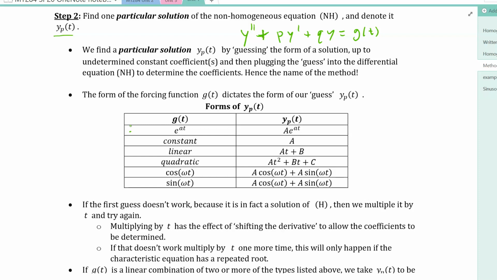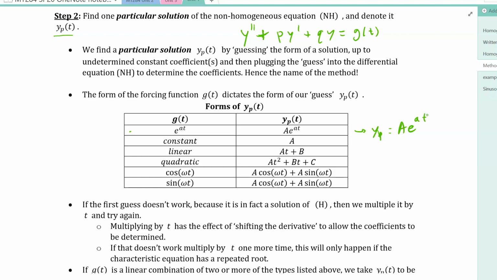So in this case, we would let y sub p be A times e to the at. Then we take a first derivative, a second derivative, and plug it into the differential equation to figure out what that number, capital A, is. That's our undetermined coefficient. So if the right side's an exponential, we guess an exponential.